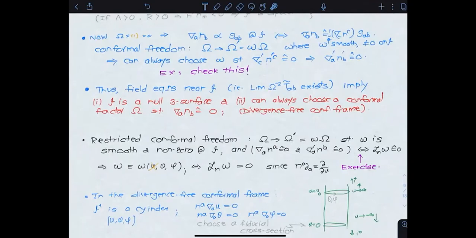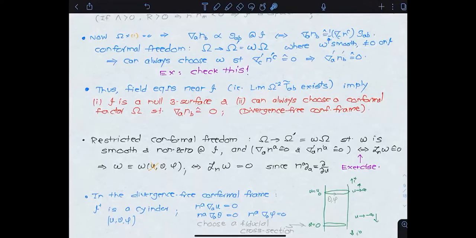So we concluded two things. The first conclusion is that scri is a null surface. And the second conclusion is that we can choose a conformal factor omega such that grad omega is equal to 0 on scri. This follows if you just make the n divergence free, and this choice of conformal factor is called a divergence free conformal frame.